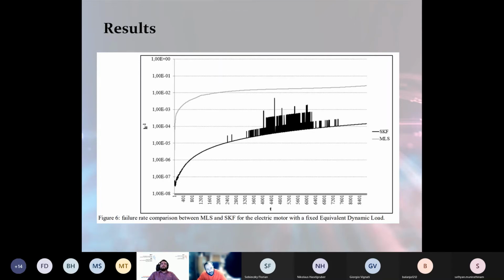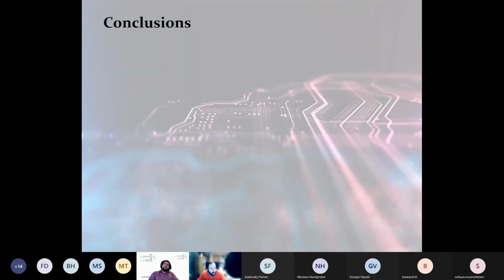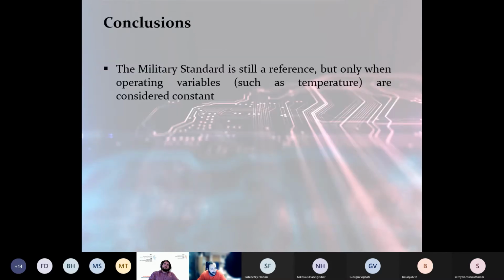Okay, so basically we started to discuss some formulation for handling a dynamic failure rate. This dynamic failure rate has to be used in our stochastic hybrid fault tree automation to improve the modeling of equipment, of important equipment, and in this case the electric motor.